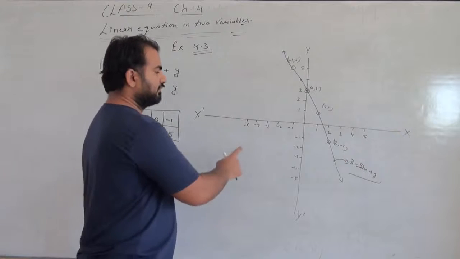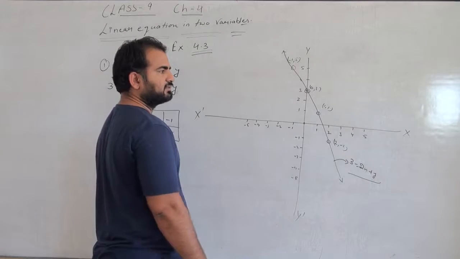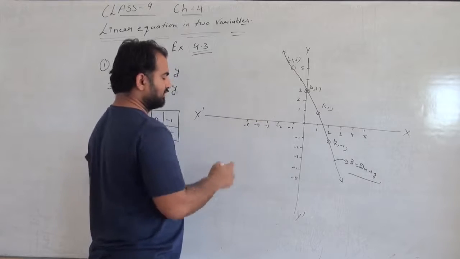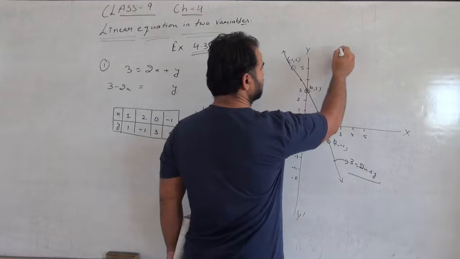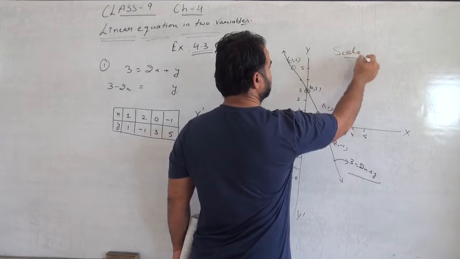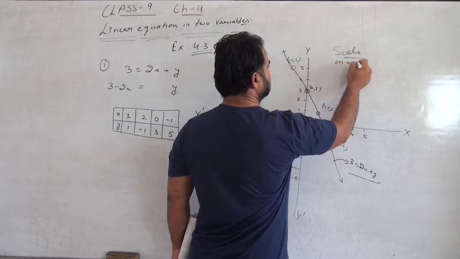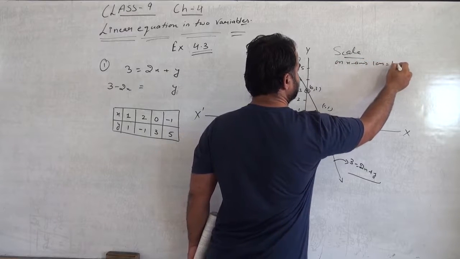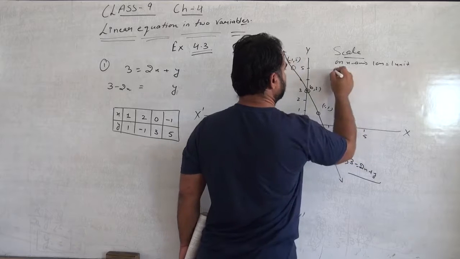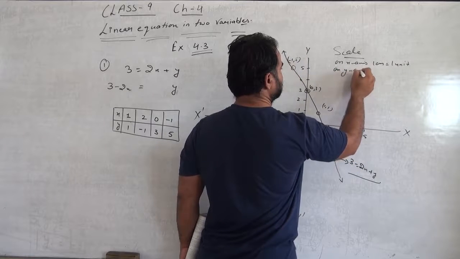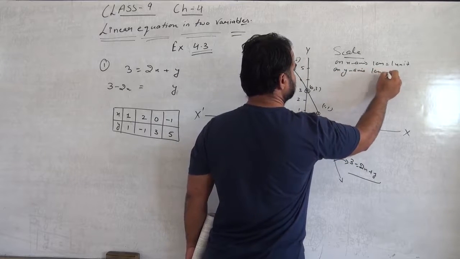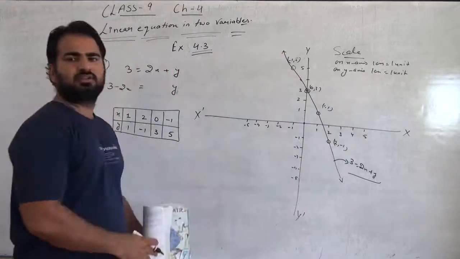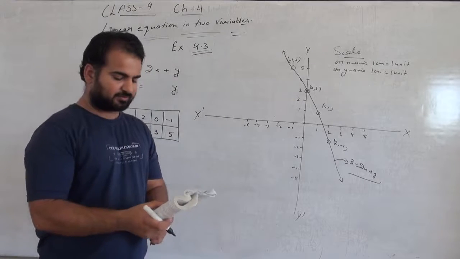No. What we haven't done is we didn't write the scale there. Okay, so scale will be on x axis 1 centimeter equals to 1 unit, and on y axis 1 centimeter equals to 1 unit.